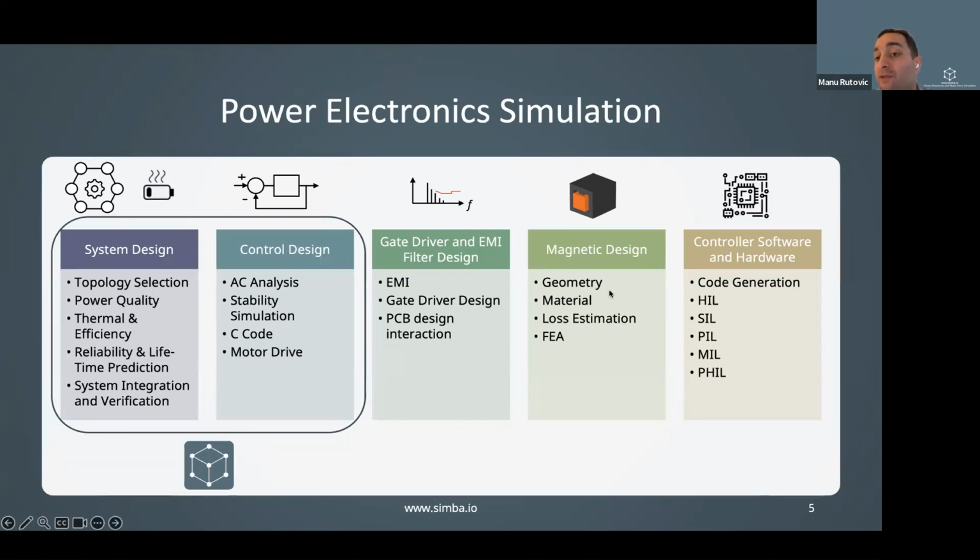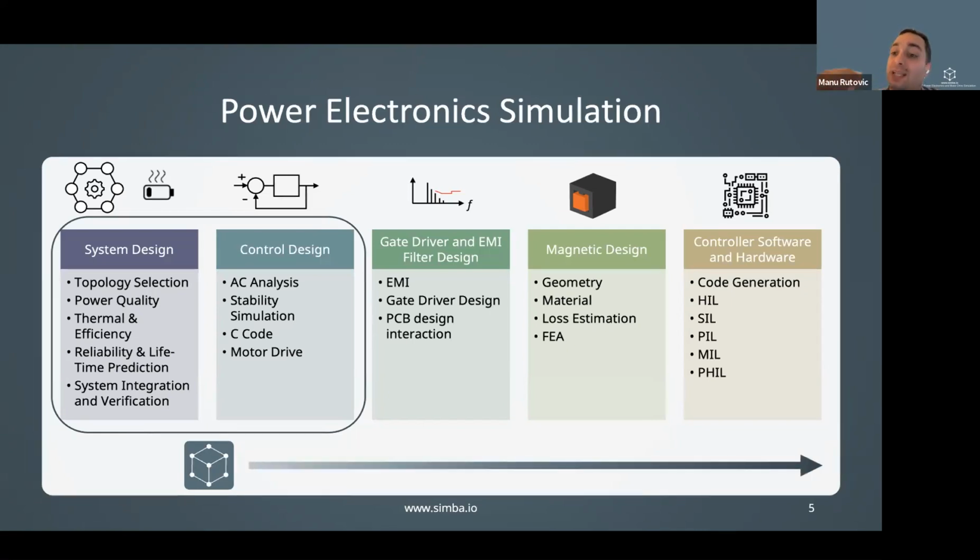Then there is, of course, the magnetic design and also the controller software and hardware, where we can maybe generate code, or maybe we can write the controller code manually, and we can do also real-time simulation to make sure that everything works well.